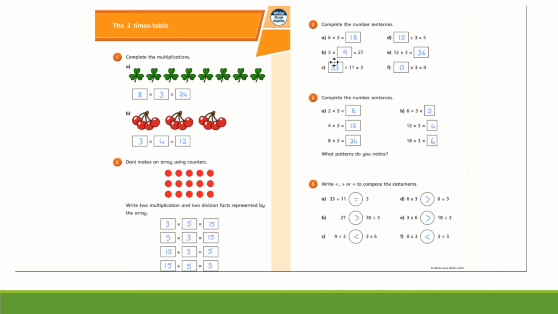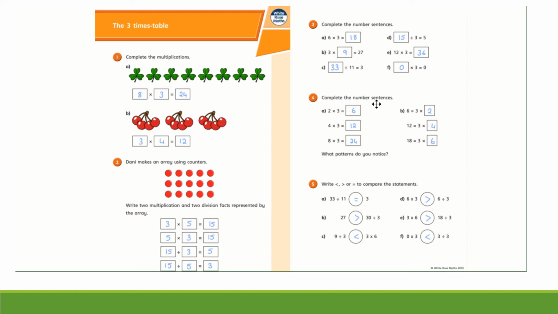Here we had the missing number, something divided by 11 will give you 3, and we know that 3 multiplied by 11 is 33, so that was the missing fact there. D was 15, because we know that 3 times 5 is 15. The missing answer there was 36, because 12 times 3 is 36. And 0 multiplied by 3 is 0. Remember, when we do our tables, we say anything multiplied by 0 always gives you an answer of 0.